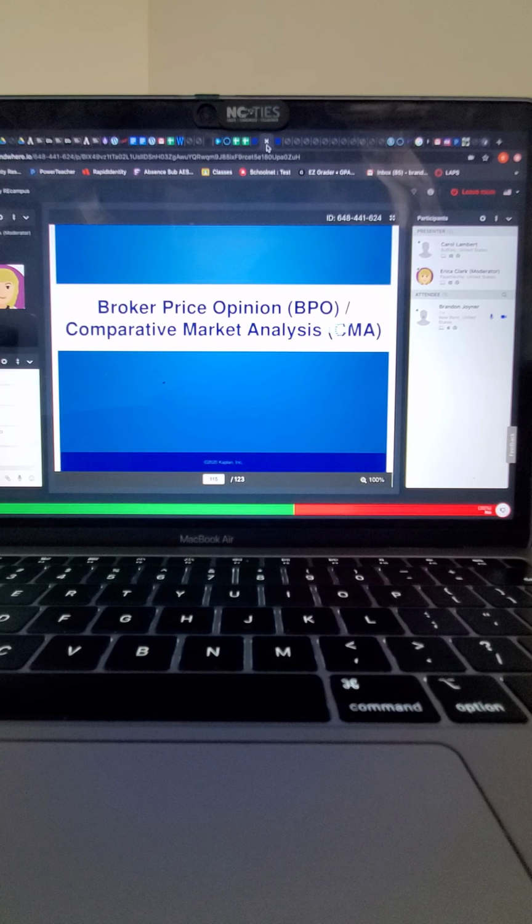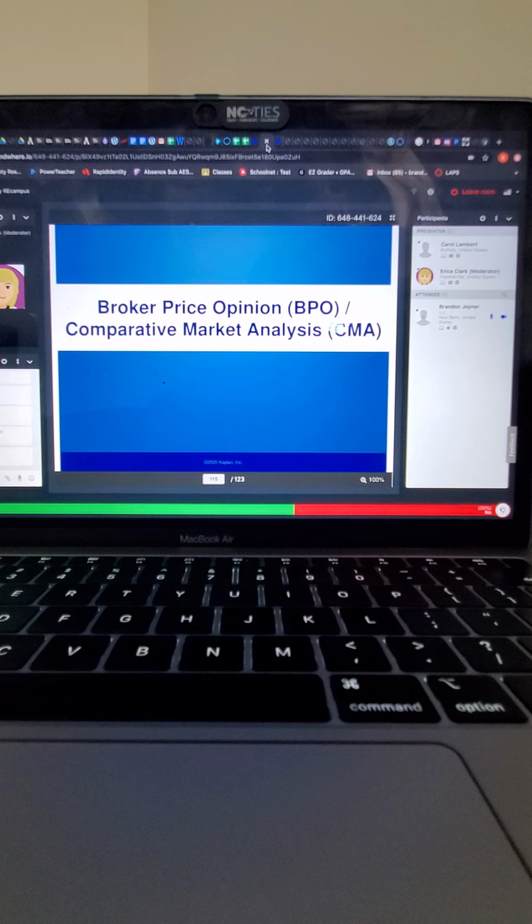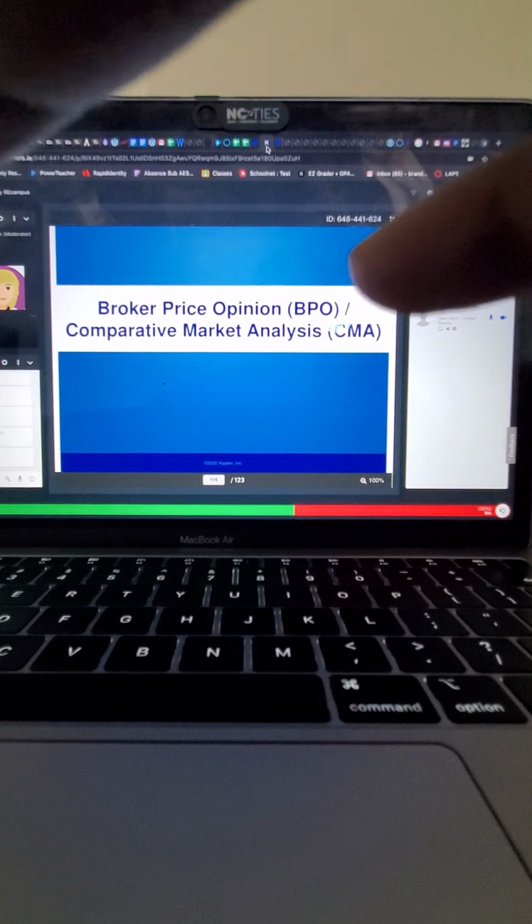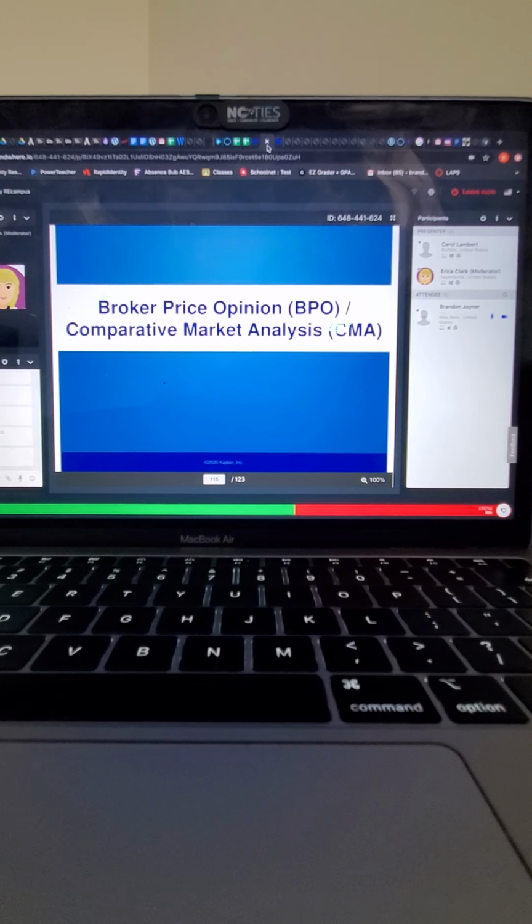A BPO, on the other hand, is usually requested by a third-party asset company. They want a broker to help determine a probable sales price for that property. We don't determine value, but we can determine what a probable sales price would be.